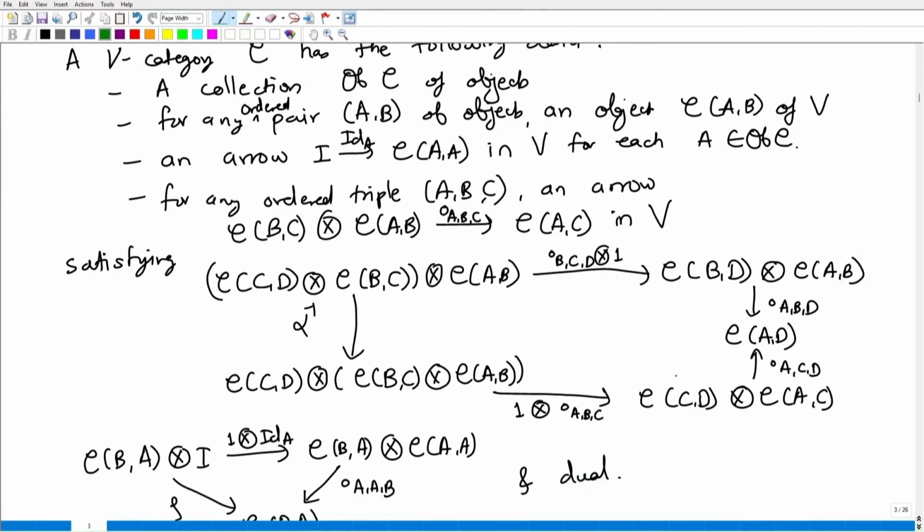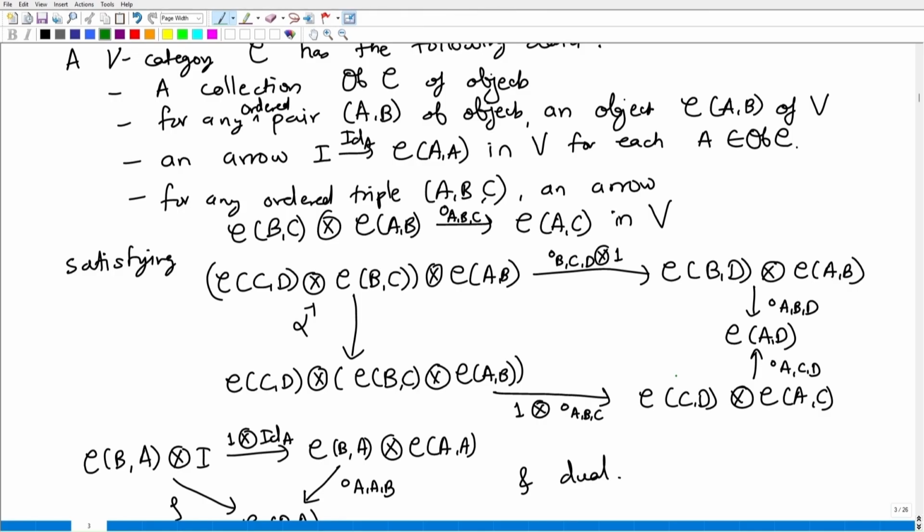So we are given a collection of objects, and for every ordered pair, we assign a real number. Yeah, because the object C(A,B) is an object of V, but V is [0, ∞].